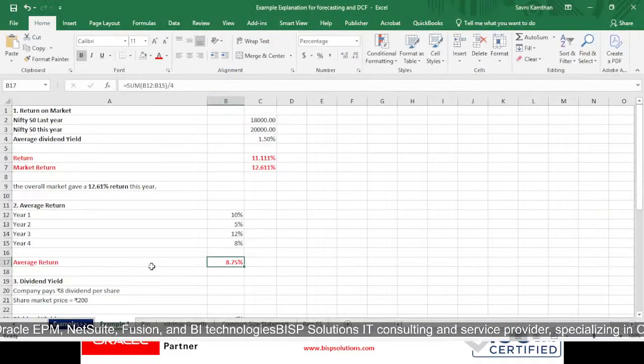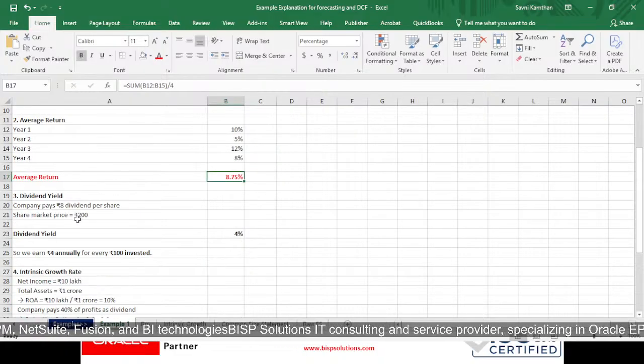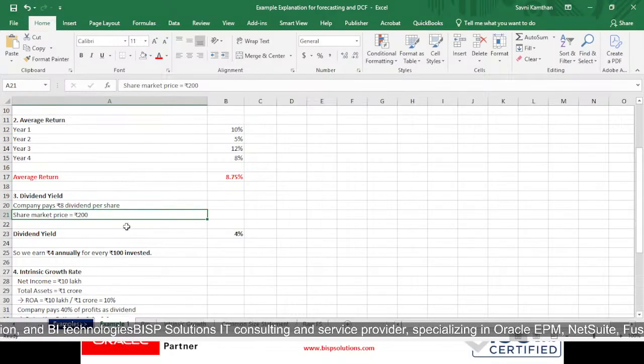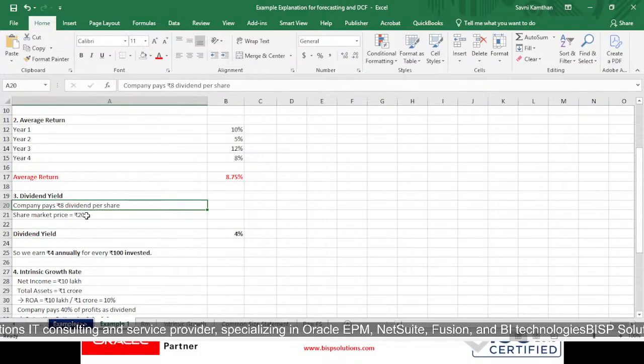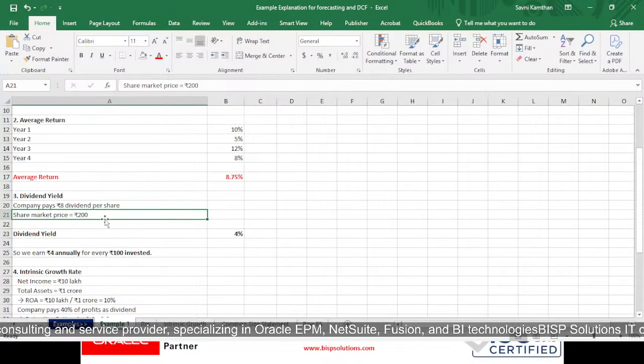For example, if our company pays 8 rupees dividend per share and our share market price is 200 rupees, for calculation we have done 8 divided by 200 into 100, which will give us 4% dividend yield.